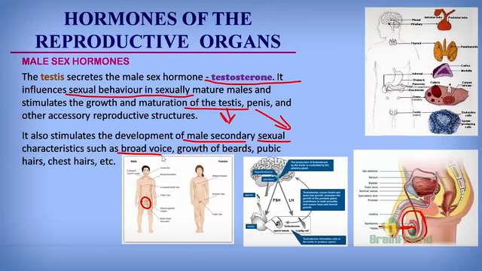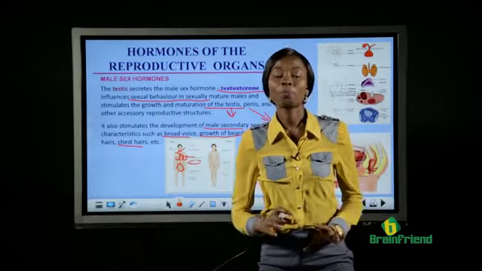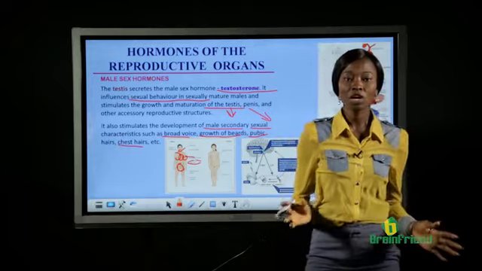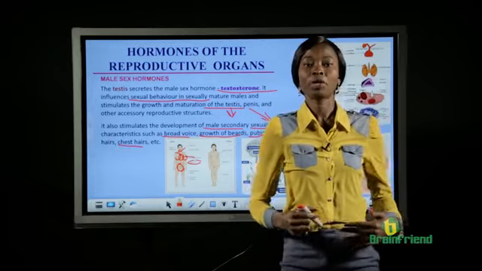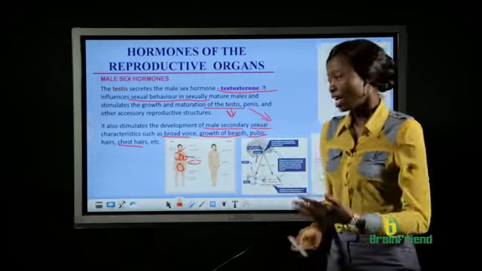It also promotes the growth of beards, as we can see, which is a secondary sexual characteristic. It promotes the growth of pubic hairs, and it also promotes the growth of hair on the chest of male. It also promotes the proper development of the male physique. You know, the broad body shape of males.